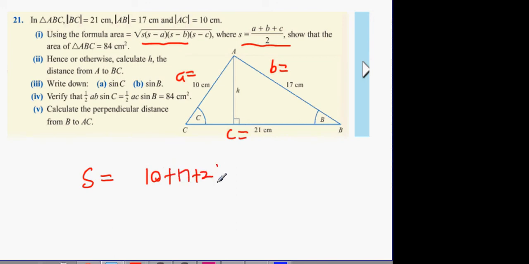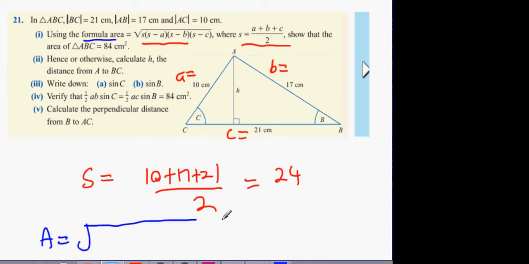Well done. Next thing we're going to do is we're going to find the area. The area equals square root of s. Now s, we said earlier, is 24. And then it's brackets 24 minus a, which is 24 minus 10. Brackets 24 minus 17. Brackets 24 minus 21.